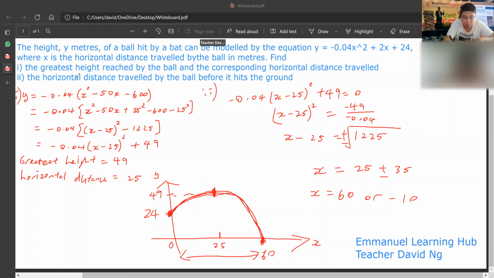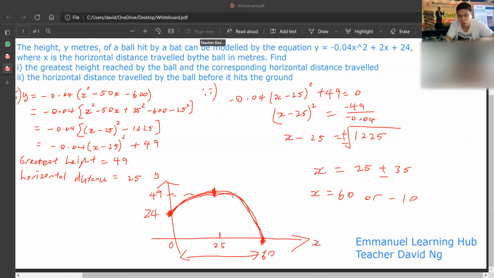But sometimes the question will ask you to sketch the path that the ball travels. Sometimes they won't ask you to sketch the graph. Sometimes they ask you to sketch the path that the ball travels.